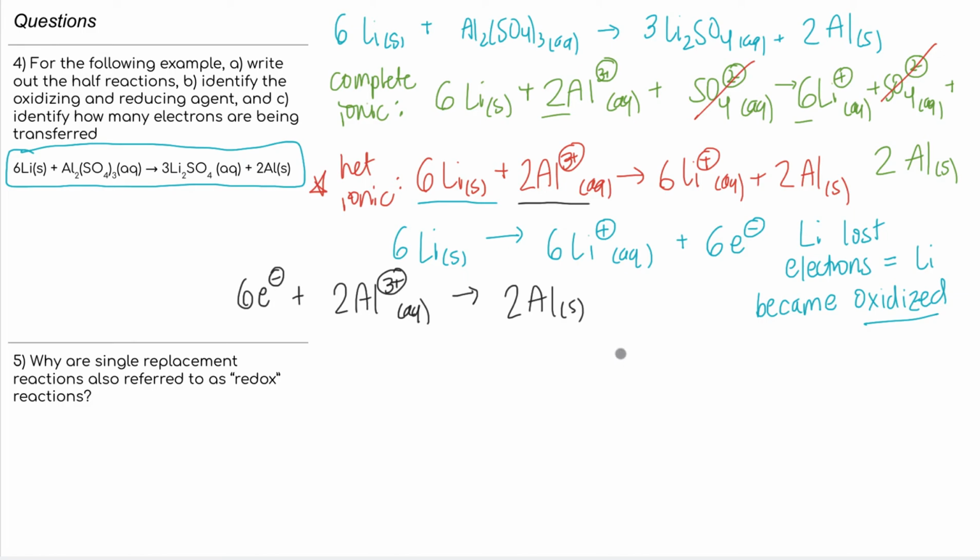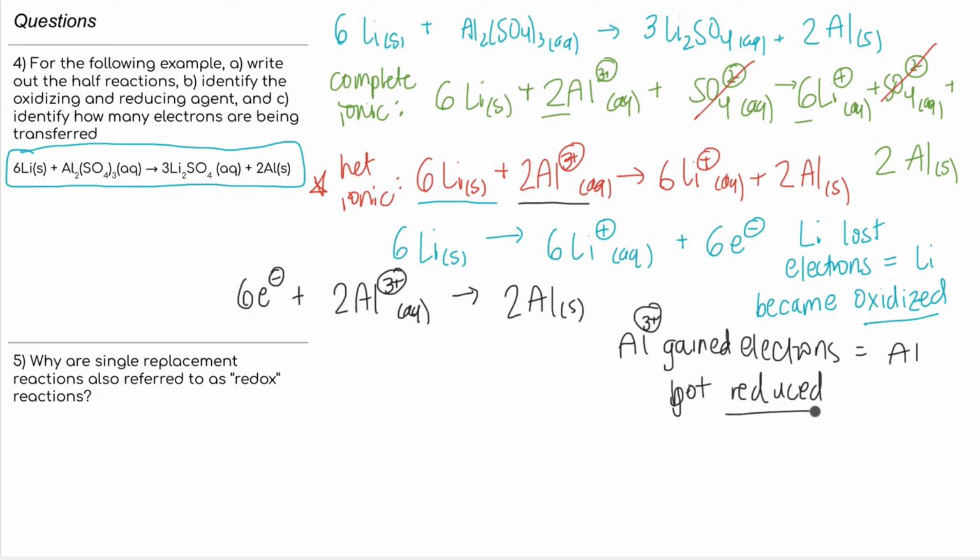So since Al3+ gained electrons, we would say that aluminum got reduced. Okay, so here's where things get kind of weird.